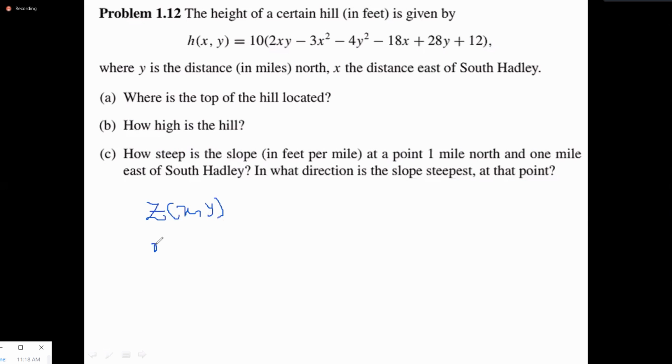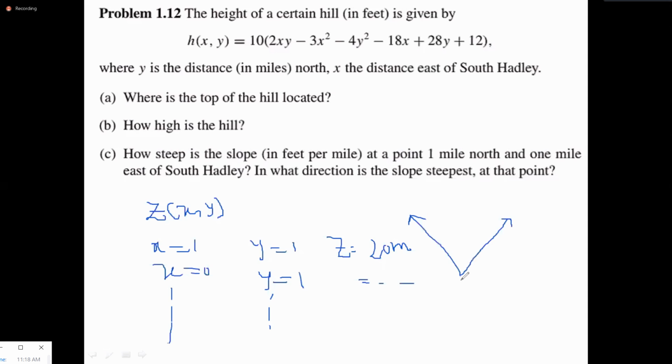So for example, at x equals 1, y equals 1, say the height of the hill is 20 meters. Then at x equals 0, y equals 1, you have some height, and you will get this value. Similarly, for all other values of x and y, you will have the z values given. Then you will take the x axis, y axis, and z axis.